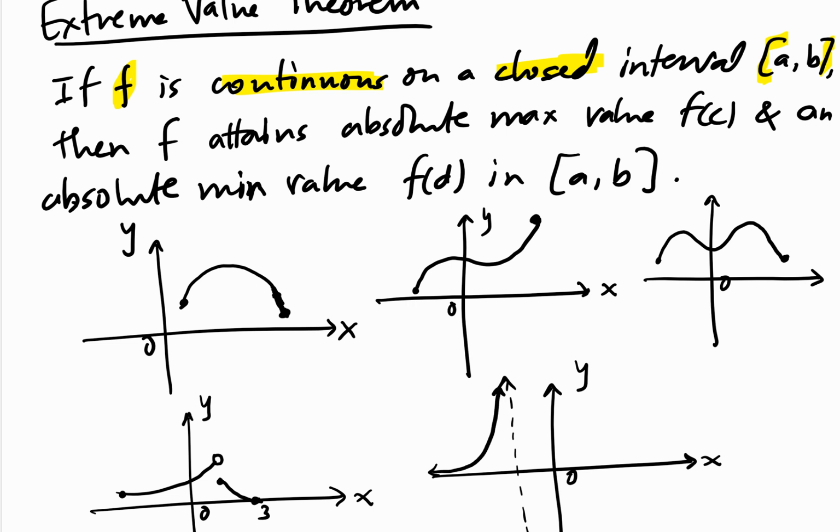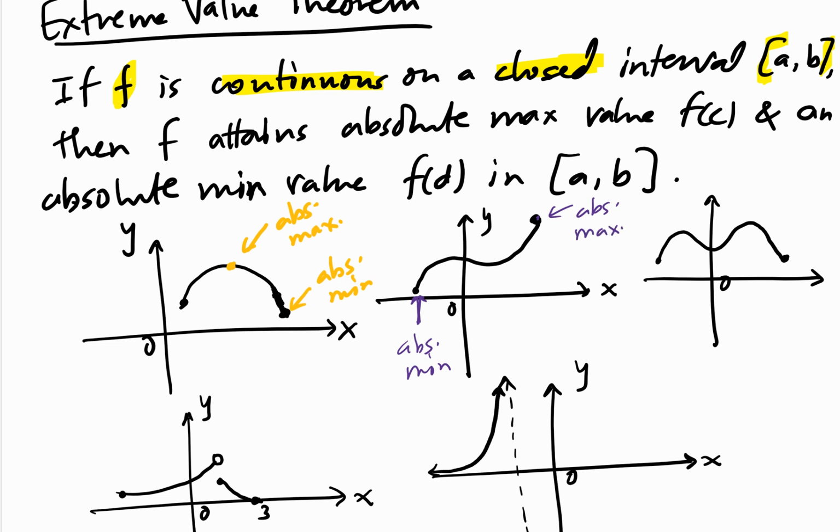So for the first case here, as you can see, it's continuous. There's no holes, there's no jumps. So this is the absolute min. This is the absolute max, right? So it must attain absolute min, absolute max. Here, it's continuous, right? On a closed interval, this is the absolute min. This is the absolute max.